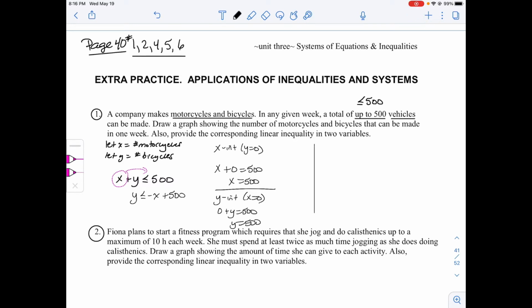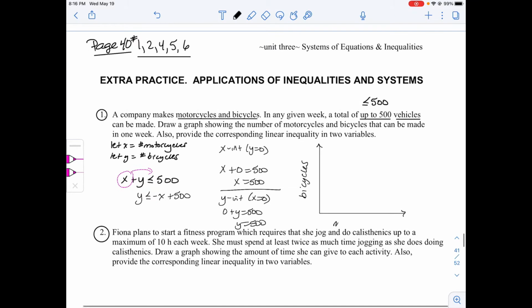If we've got a graph, I'm going to put bicycles on the y-axis and motorcycles on the x-axis, so bicycles versus motorcycles.